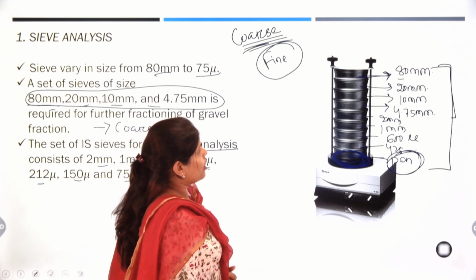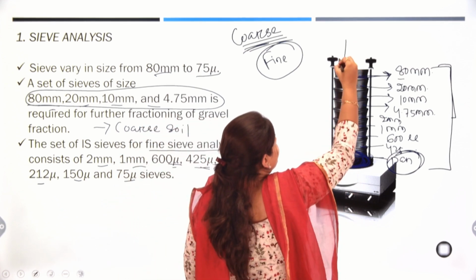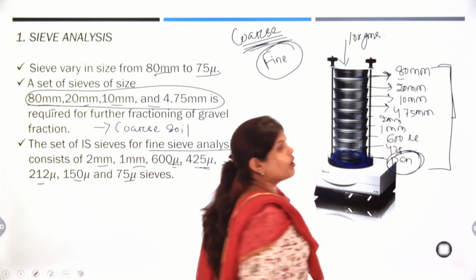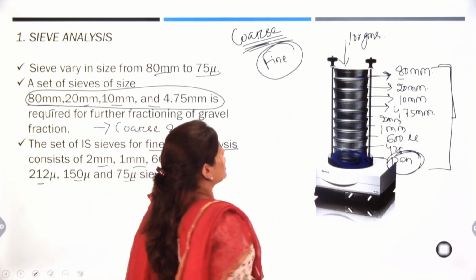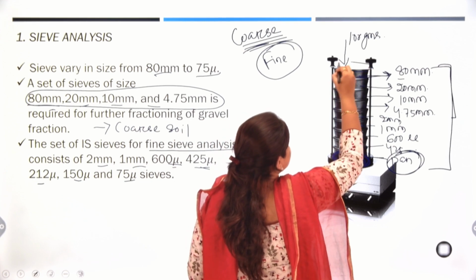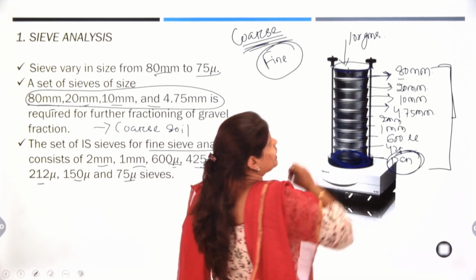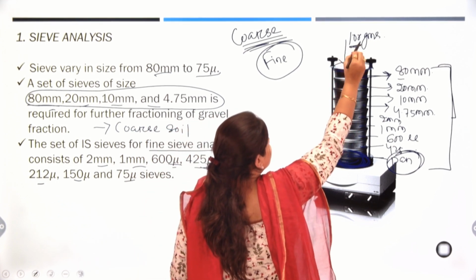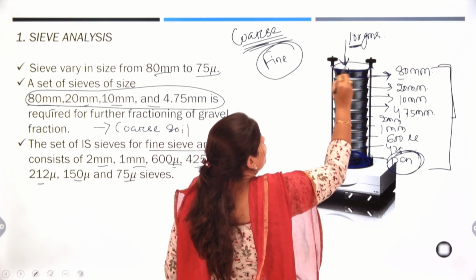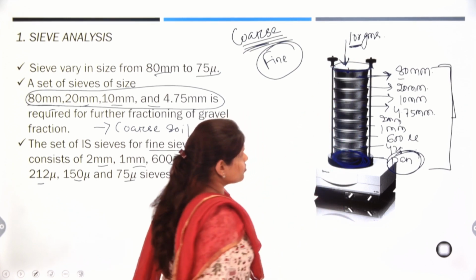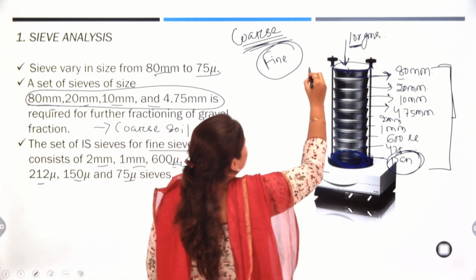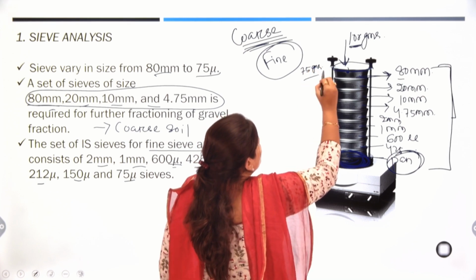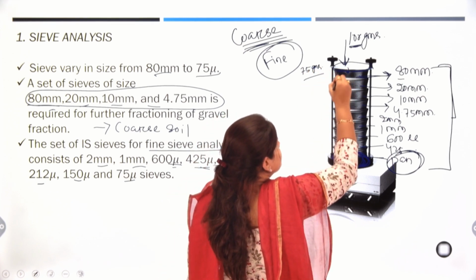So what happens now? If we put 100 grams of soil, this 100 gram of soil will pass through the 80 mm sieve. Let's say 75 grams of soil passes through this.